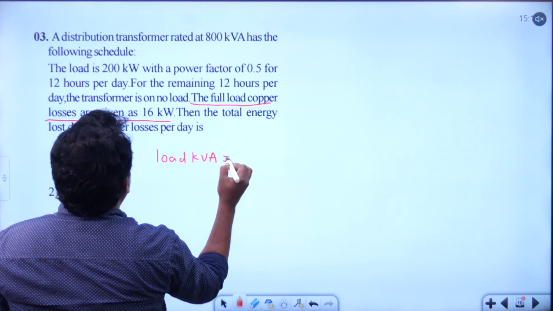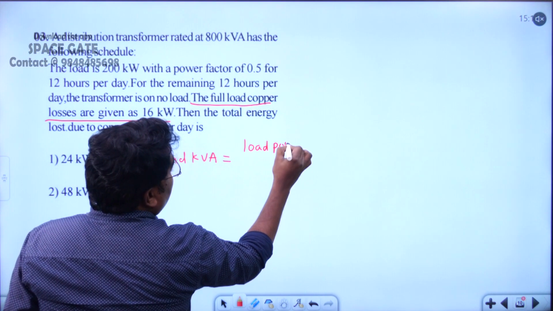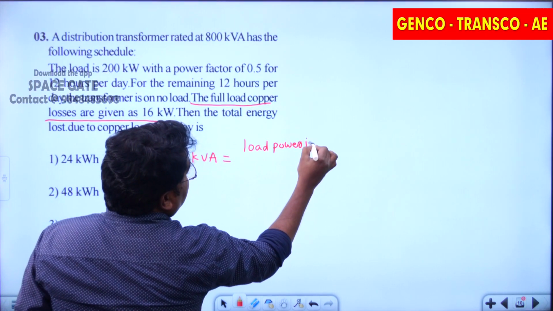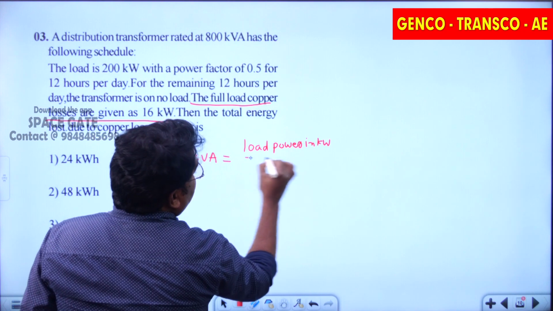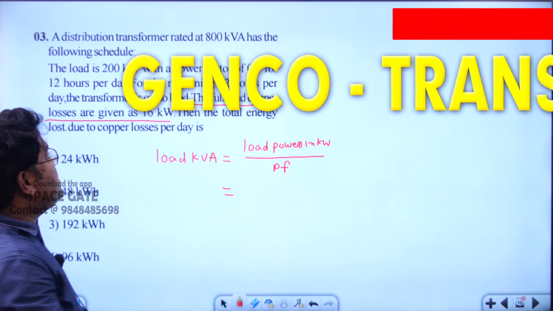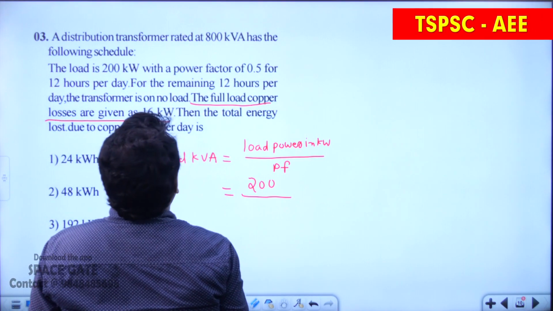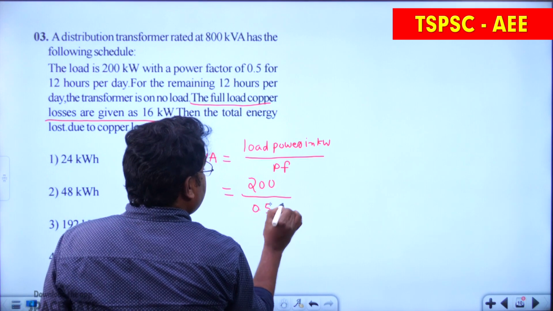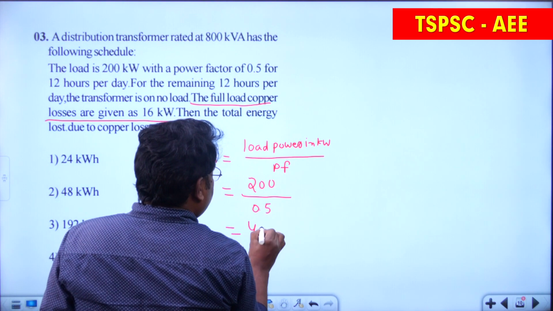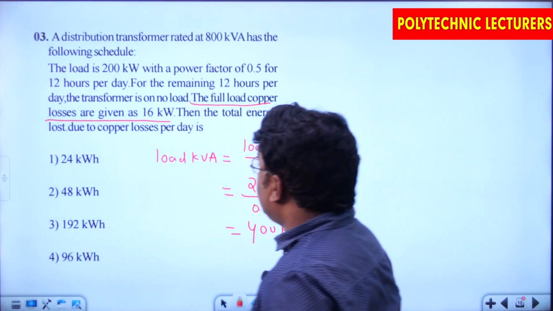This is equal to the load power in kilowatts divided by the power factor. What is the load power in kilowatts? That is equal to 200 divided by 0.5, so it is equal to 400 kVA. So this is the load kVA.